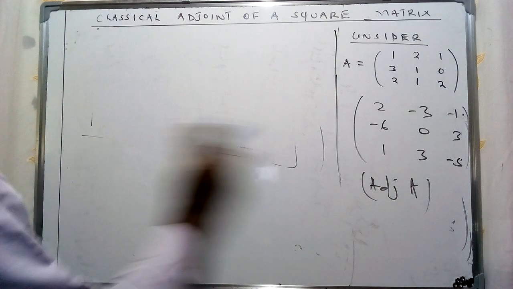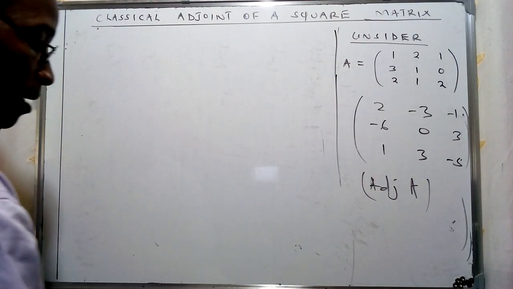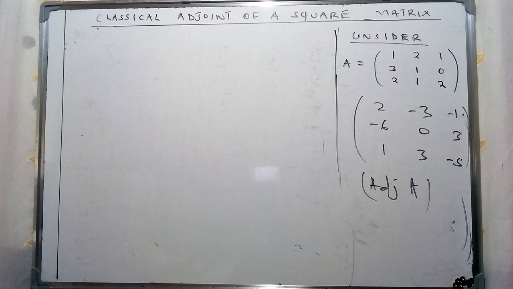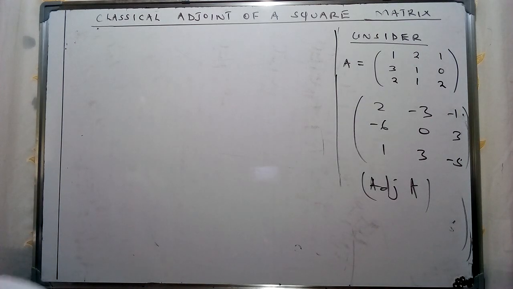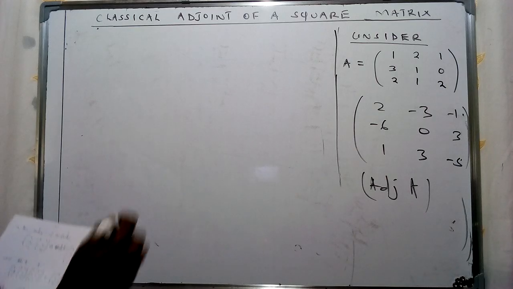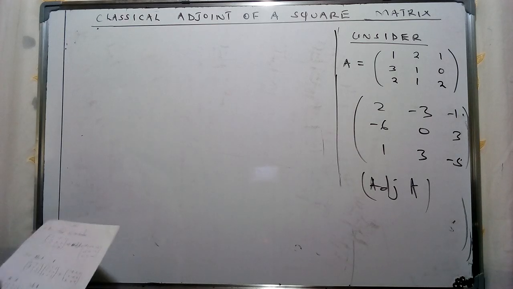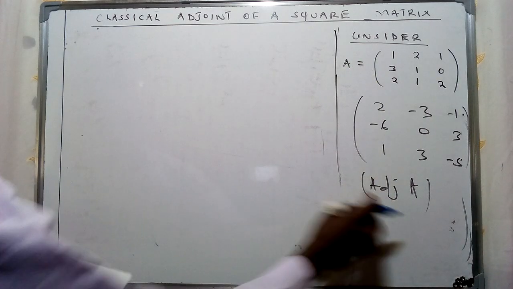So we're going to consider a specific case of a matrix A given as such, and its classical adjoint.